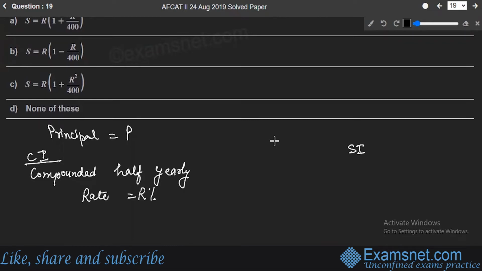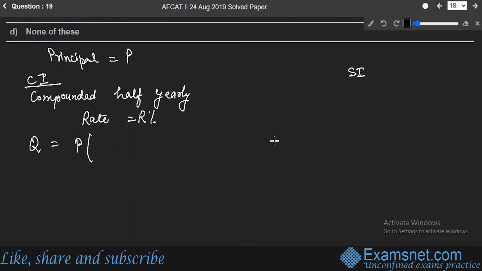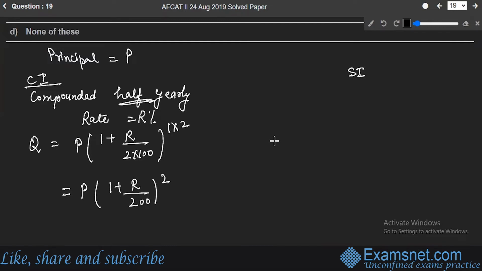If it is compounded half yearly, amount is Q. So Q is given by principal P into 1 plus rate upon 2 into 100. Why 2 into 100? Because it's compounded half yearly. And the time is multiplied by 2. Time is 1 year. So 1 into 2. All right. So Q is equal to P into (1 plus R upon 200) raised to the power 2.